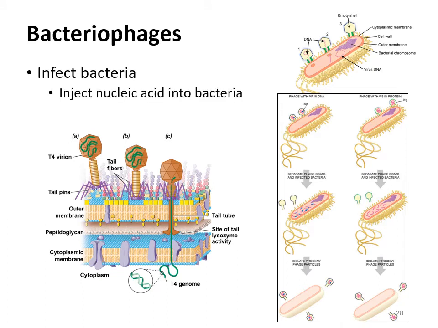Notice, if they're going to infect bacteria, they look kind of like syringes because they have to be able to inject the nucleic acid into the bacteria, because bacteria have that tough cell wall that prevents the virus from just merging with the membrane the way that they would with animal cells.